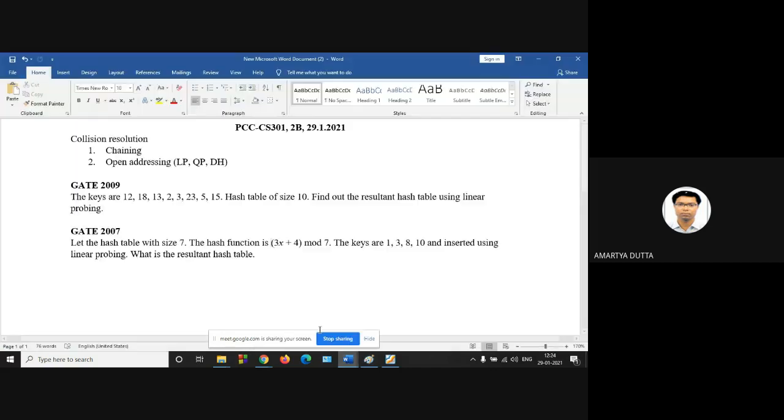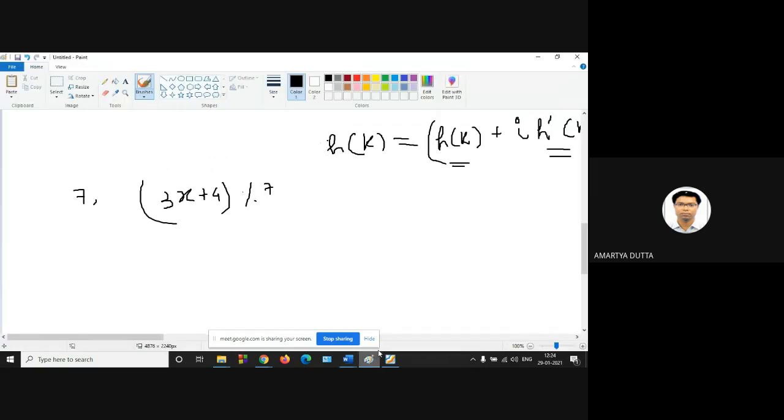Now the keys are 1, 3, 8, 10. So for H1, what is the position? 3 into 1 plus 4, modular division 7, so at 0th location.